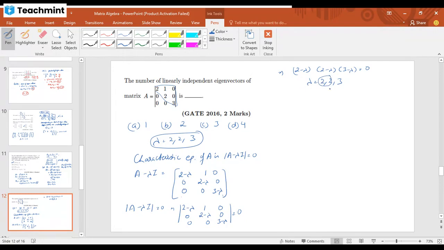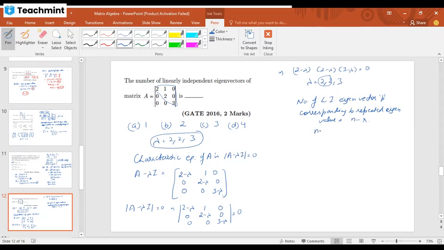If the eigenvalues are repeated, how many eigenvectors are possible corresponding to the repeated eigenvalues? That we can calculate with the help of this formula. The number of linearly independent eigenvectors, say P, associated with the repeated eigenvalue, is given by n minus r.